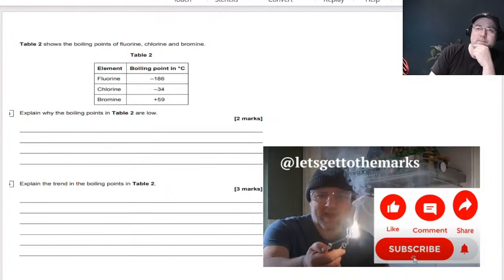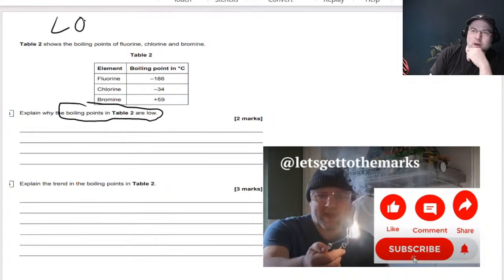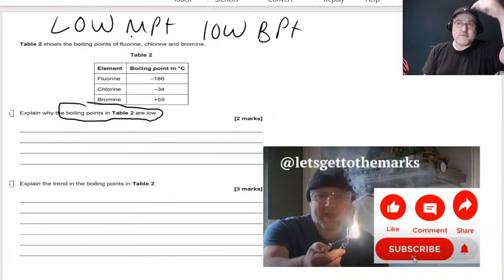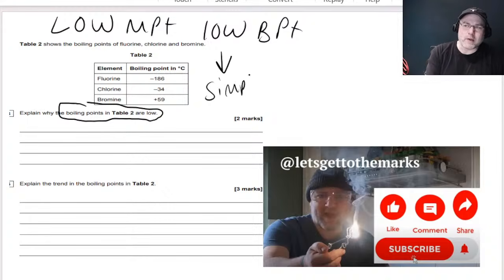Anytime you see low melting points, low boiling points, if I see the words low melting point, low boiling point, what my brain is going to say is you are a simple molecule. Simple molecules are always covalent. They're non-metals. I know you're saying, well, sir, diamond's covalent.